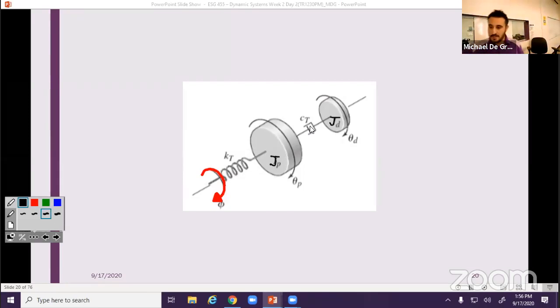So you can look just here, and the local output for the first half of the system is just theta P. Now, what if you look just at the system of J_P and J_D? Well, your local input is theta P, and your local output becomes theta D. So you can break down a system into its parts and analyze just a part, and that's fine.